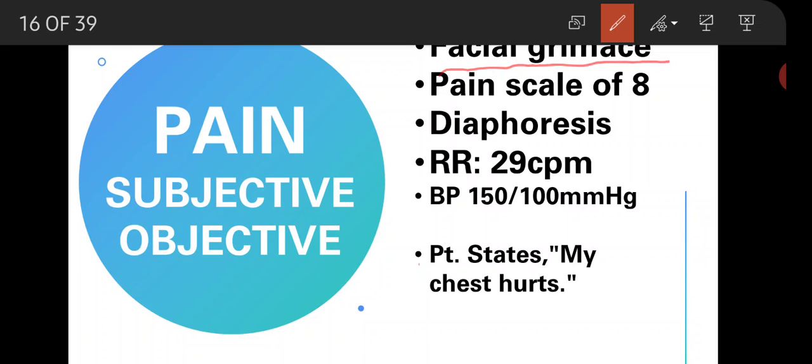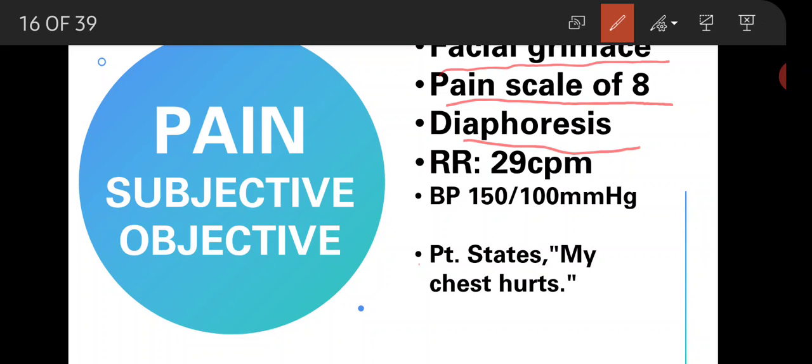Of course, if you are in pain, you exhibit a grimace. And then you ask the client to rate the pain, and the client rates the pain on a scale of 8 out of 10.